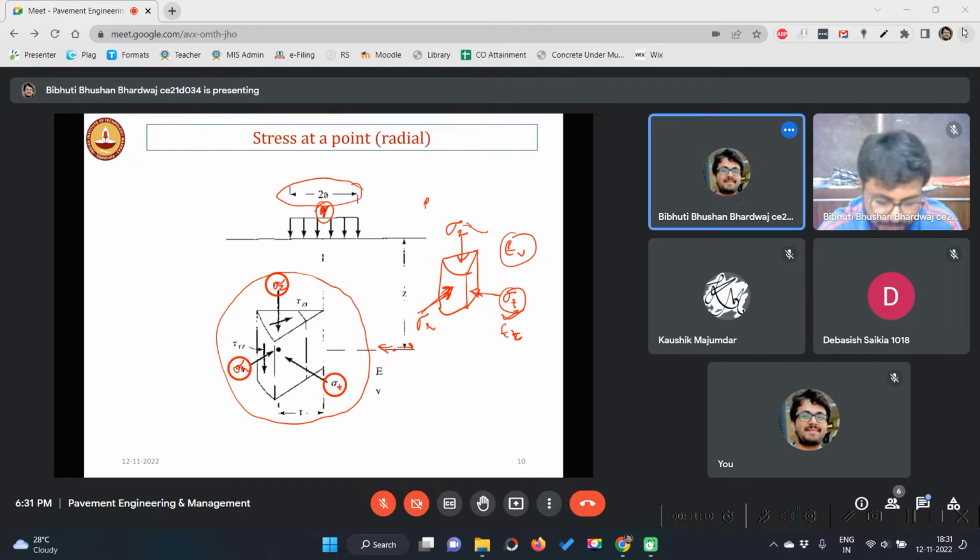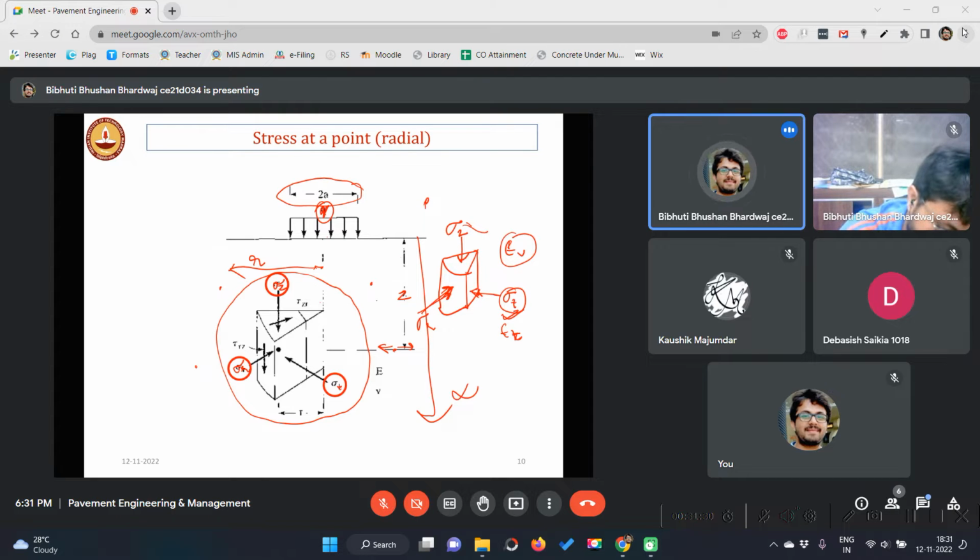That is Q. Okay. And if we need to find the stress at any depth z, this is a half space, right? This is infinity. So at any depth, and radially at any distance from the center, this is r, and from the depth, this is z.